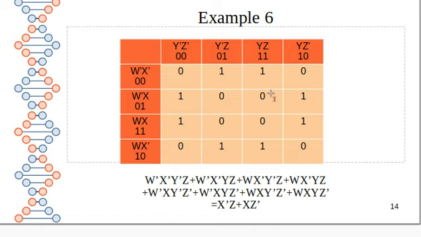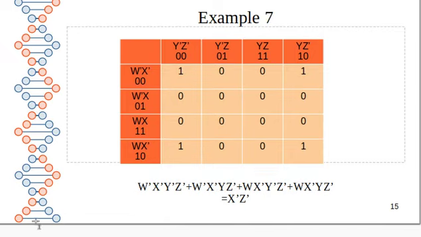And from these two values and these two values we can see that x bar is not changed, w has changed, so w will be dismissed, and y has been changed, so z will be here, so x bar z. So for this quad x bar z, and for this quad x z bar.